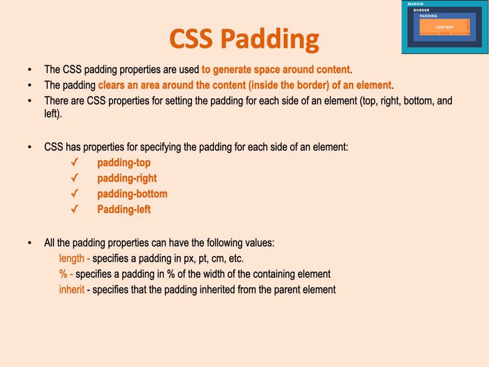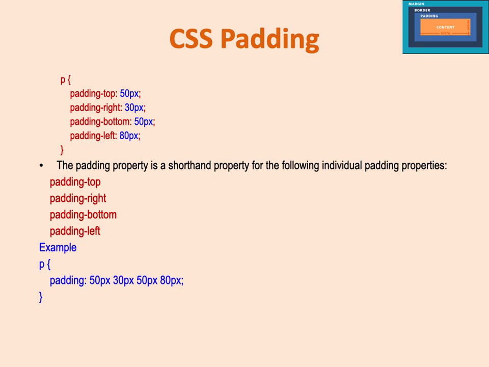We will see some examples here. For a paragraph element, P is the selector there, padding hyphen top colon 50px, padding hyphen right colon 30px, padding hyphen bottom colon 50px, padding hyphen left colon 80px. So the four different top, right, bottom and left values are given. The padding property is a shorthand property for the following individual padding properties.